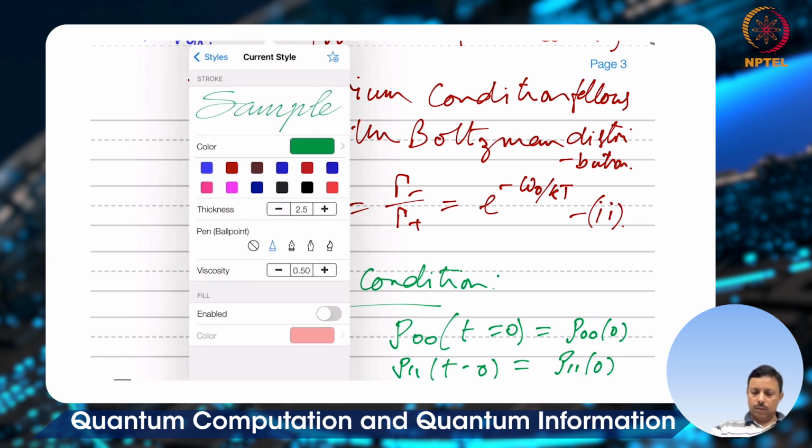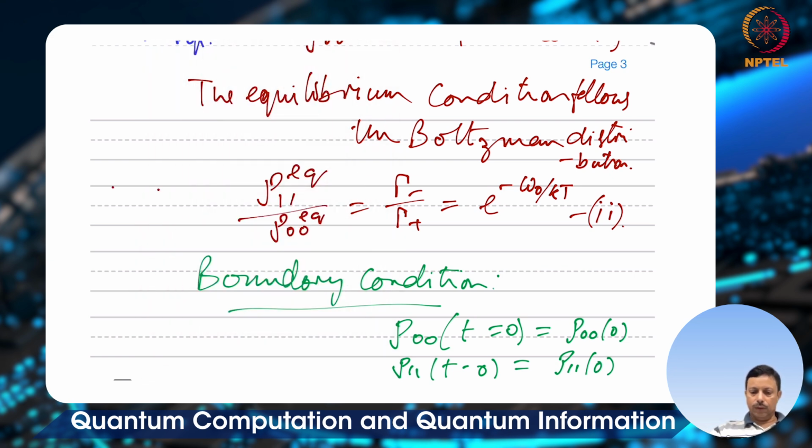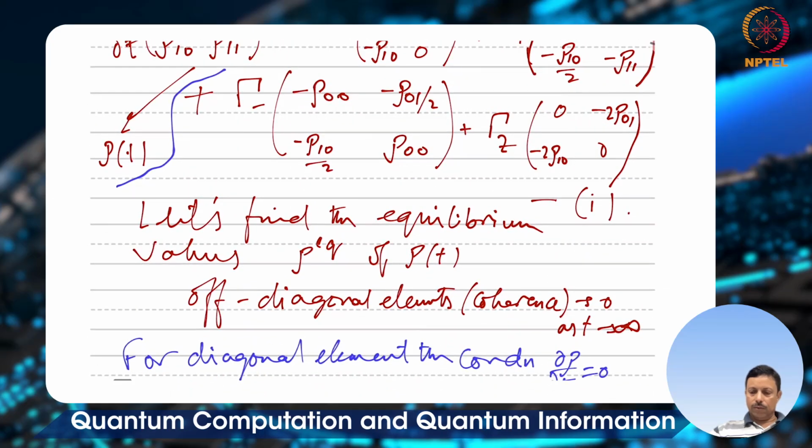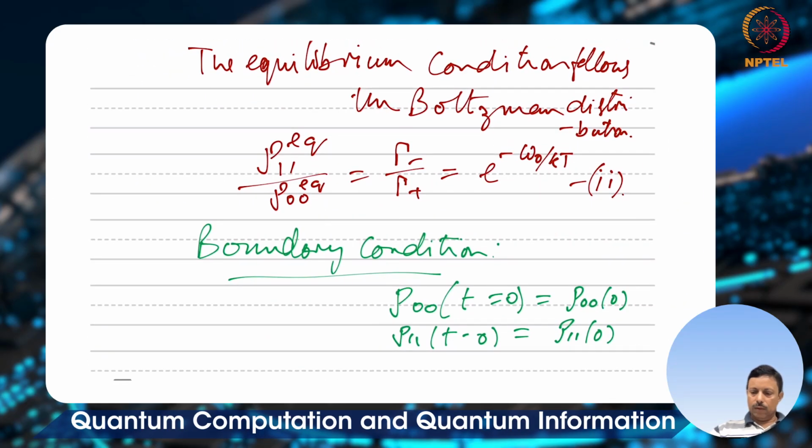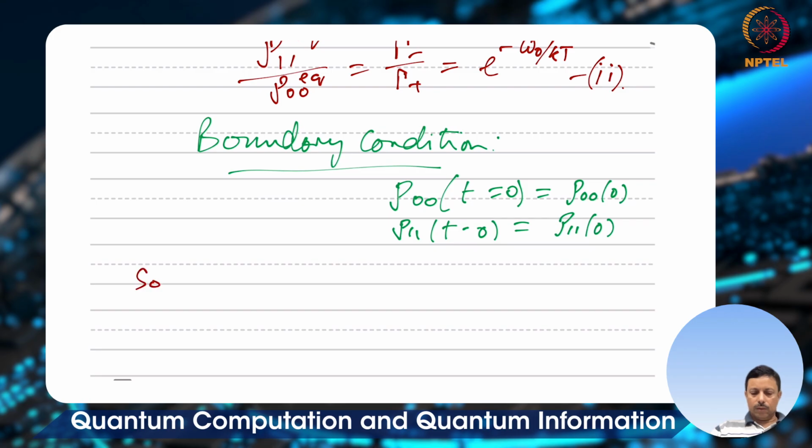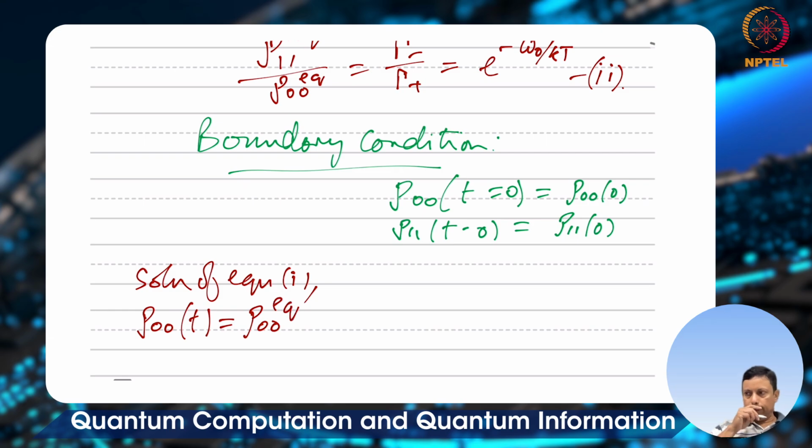So the solution of the Lindblad equation, equation number 1, is rho 0 0 at a time t equal to rho 0 0 equilibrium plus rho 0 0 at 0 minus rho 0 0 equilibrium times e to the power minus t by T1.